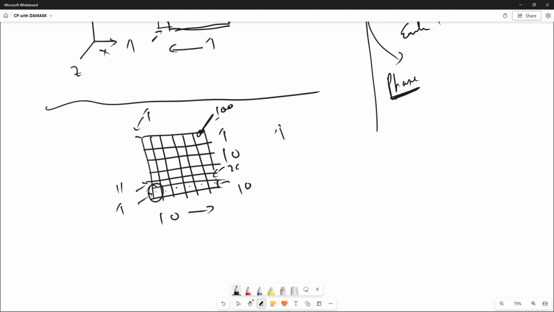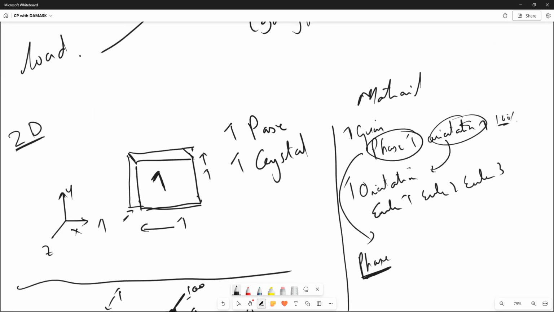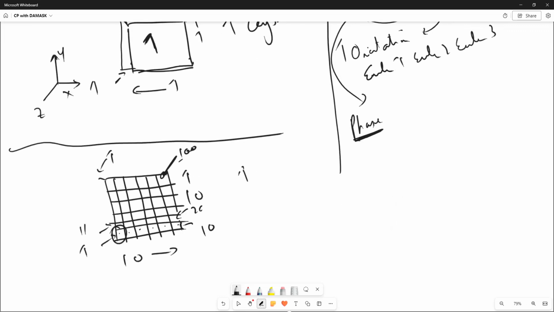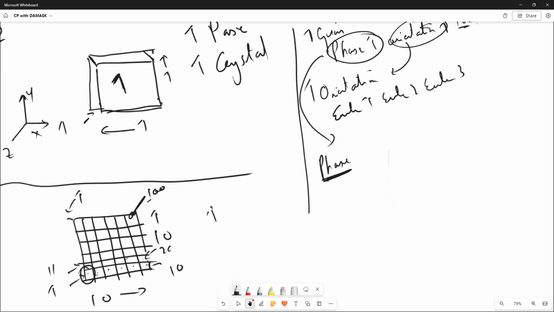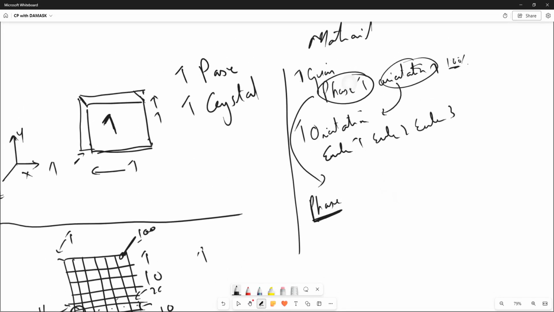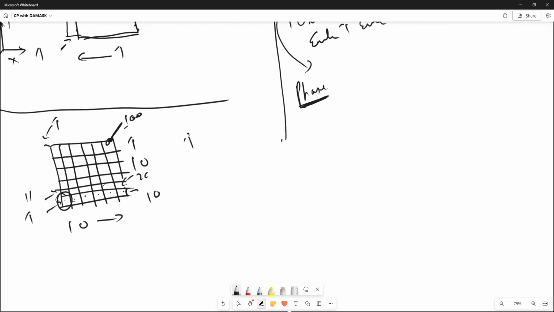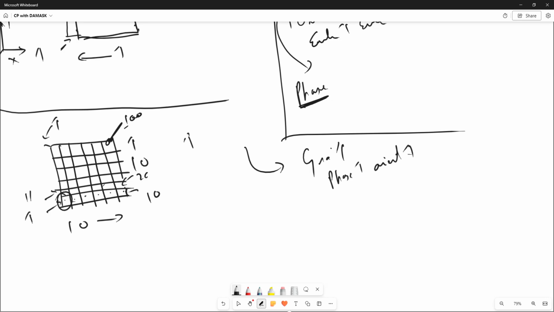And what changes here is that if I have different addresses for each, then in my material file I have to write information about every grain like I did here, right? So in this case I will have to write grain 1 has phase 1, orientation 1, and 100% homogenization, and so on.